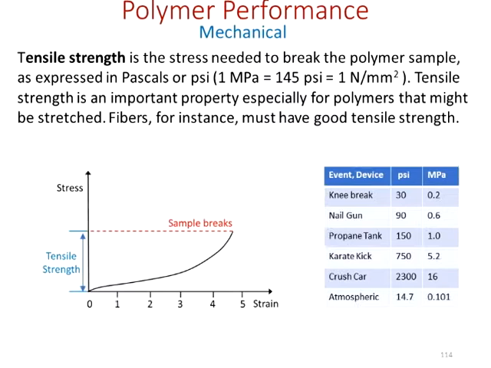Now it's expressed as pascals, or actually megapascals, and we show you the units for it. 1 megapascal is 145 psi, and a megapascal is the same thing as a Newton per millimeter square. Okay, so when we think about this, we think about pressure. And as we talk about this, you're going to hear in this chapter PSI and megapascals, simply to help familiarize you with terms that you hear in everyday life.